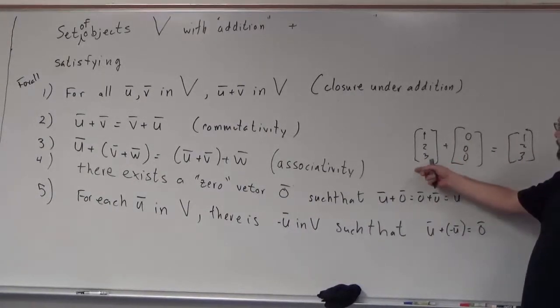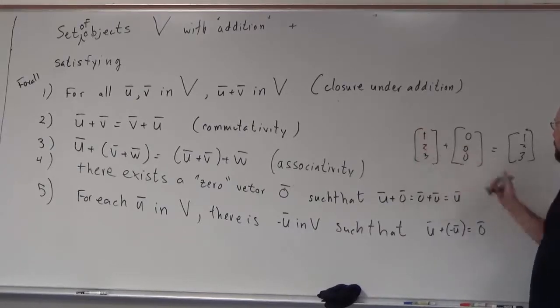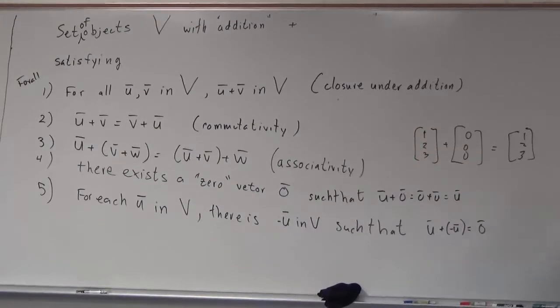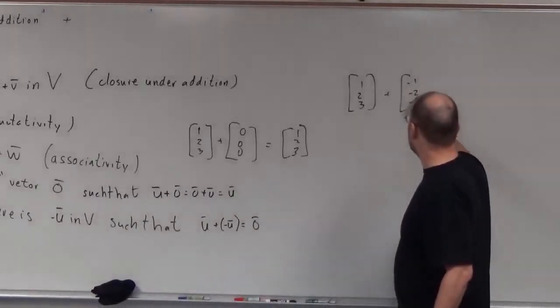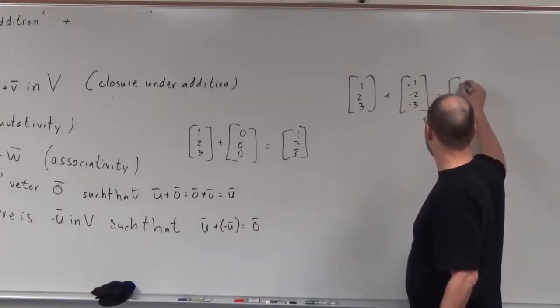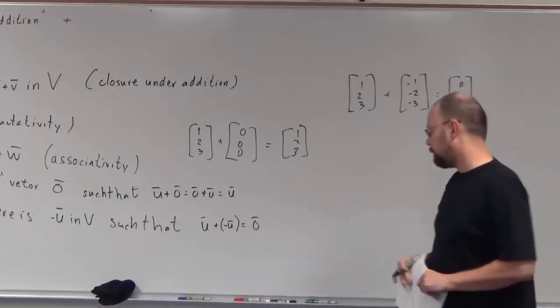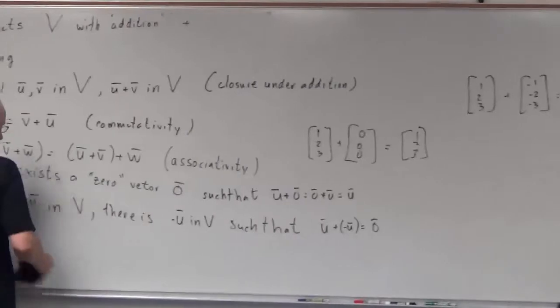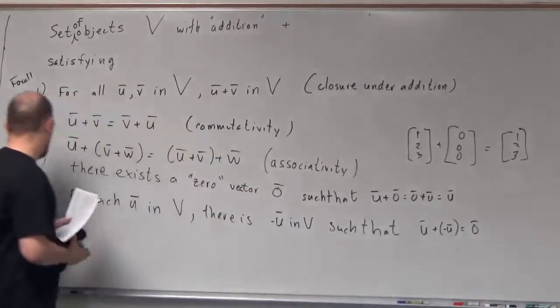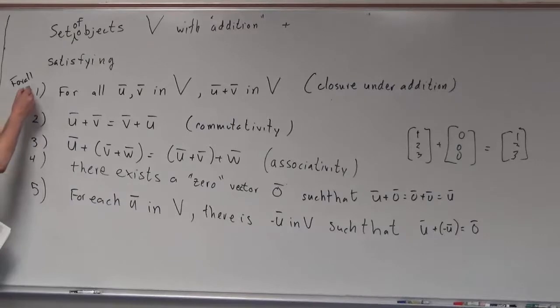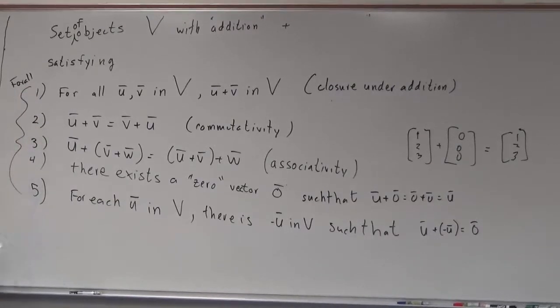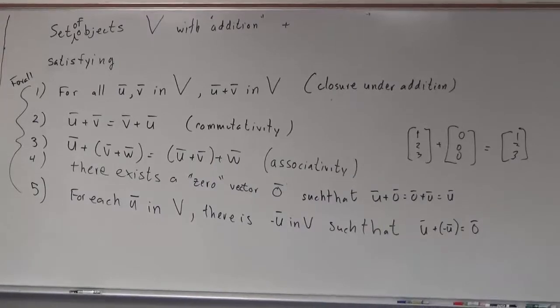Clearly, a Euclidean vector has a negative, namely -1, -2, -3. We add it, and you get the additive identity. These 5 axioms are what mathematicians would call a group under addition. It doesn't matter, but these 5 axioms are all about addition of vectors.